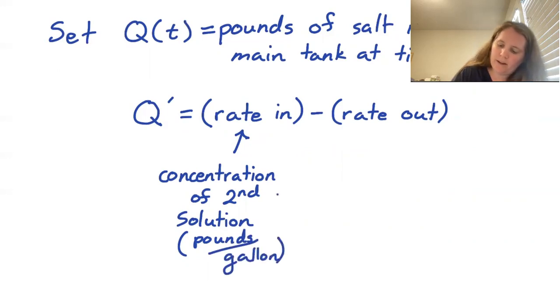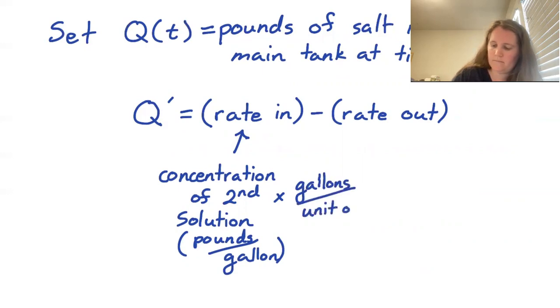And then we'll multiply that by the amount of gallons we're adding per unit of time. So with our unit conversion, the gallons will cancel out, and we'll wind up with pounds per unit of time.